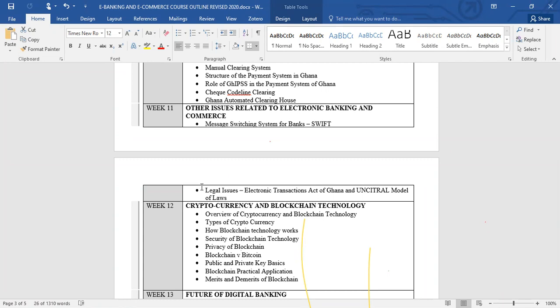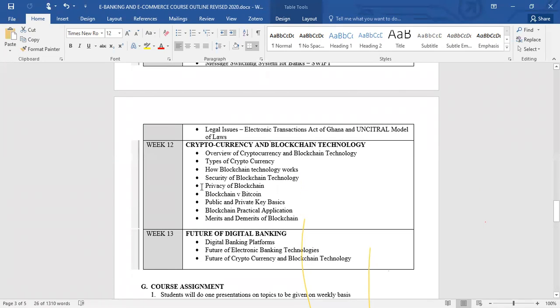This is a group work you do. Now, cryptocurrency and blockchain technology is gradually taking over the world. Do you know how much one Bitcoin is worth? When the Bitcoin business started, a lot of people undervalued it. Now it is around $35,000 or $40,000 per Bitcoin.